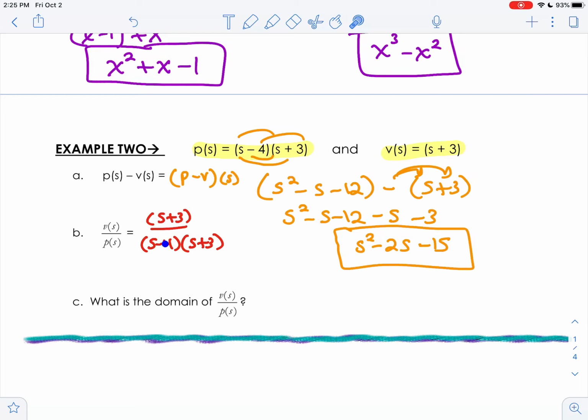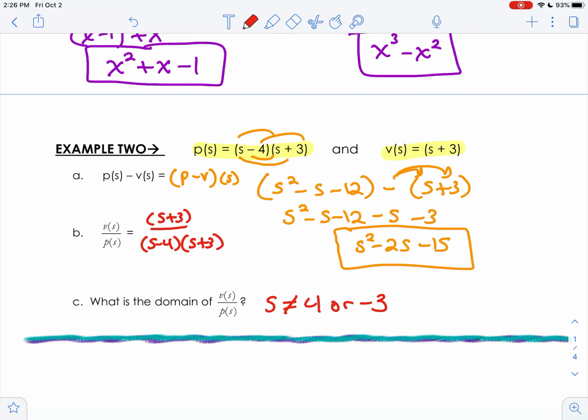There are 2 places where we would get a 0. If s were 4, 4 minus 4 is 0, so that's no good. And if s were negative 3, negative 3 plus 3 would be 0, so that's no good. So our domain is that s cannot be 4 or negative 3.